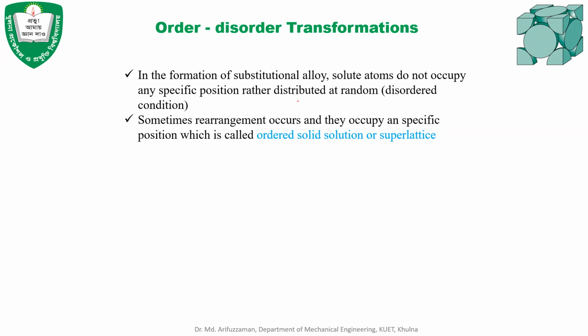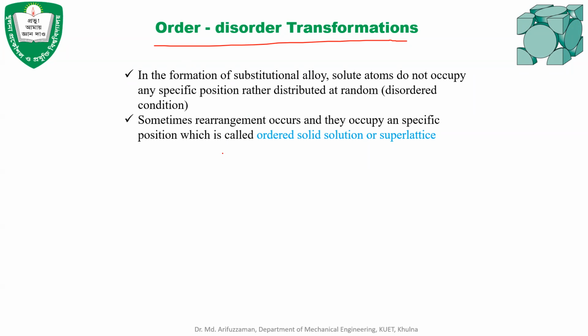A disordered condition can be obtained, and before reaching room temperature, the arrangement of the atoms changes, and that is called the order disorder transformation.